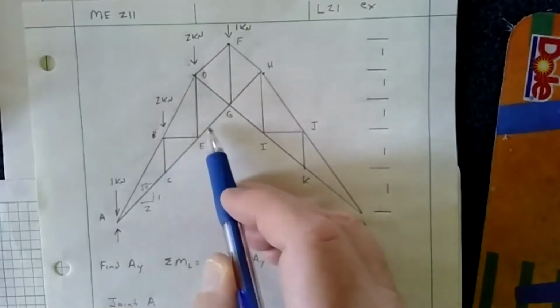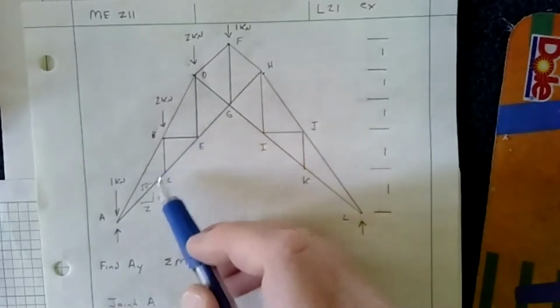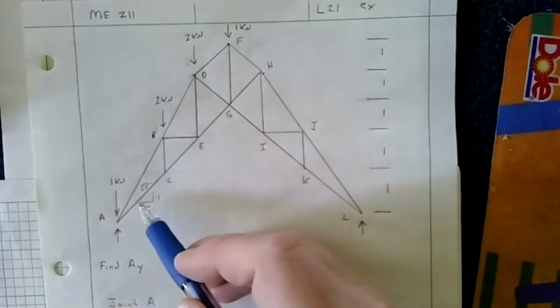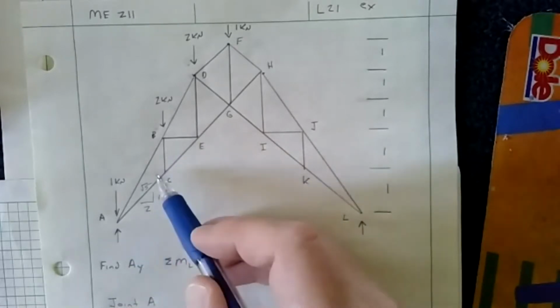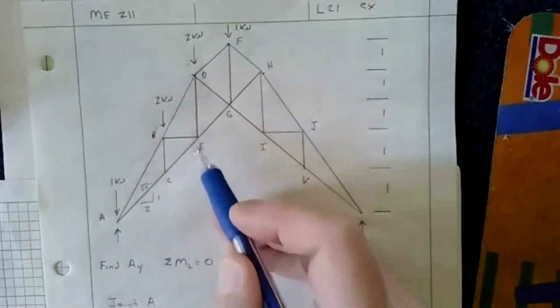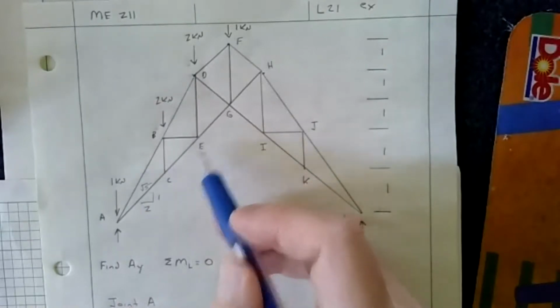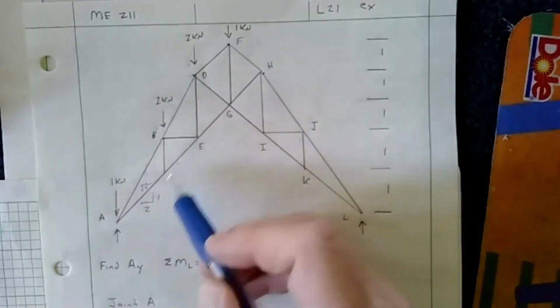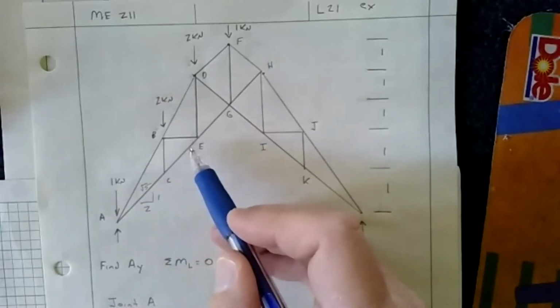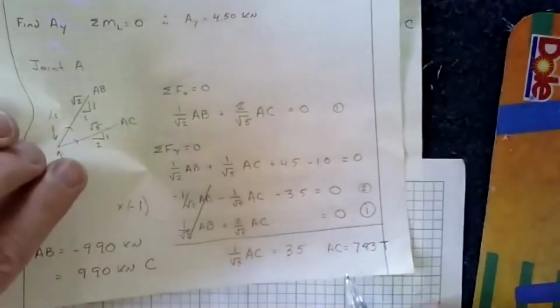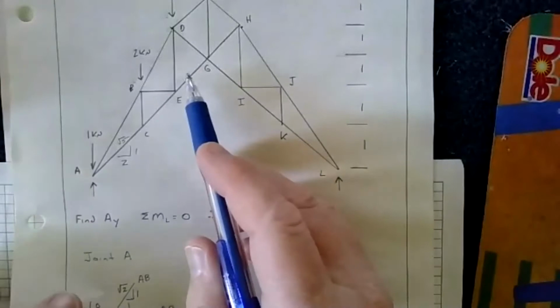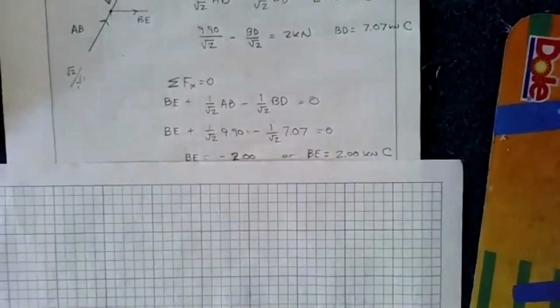So that appeared to have three unknowns. And what I didn't mention is that because that's a zero force member, we know that AC is equal to CE. And hopefully you already saw that. If you did, that's good. That means that you're understanding this really well. And so because we have CE, that's 7.83 as we found earlier. AC equals CE, so that means we only have those two unknowns to contend with.